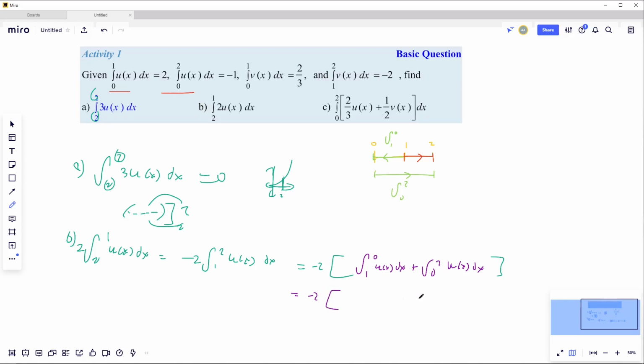Minus 2. By the way, I put the brackets earlier because I knew I was going to split it into a plus. Of course, if you want to distribute, you can, but keep in mind you have a plus, so minus in both, minus here, minus there.